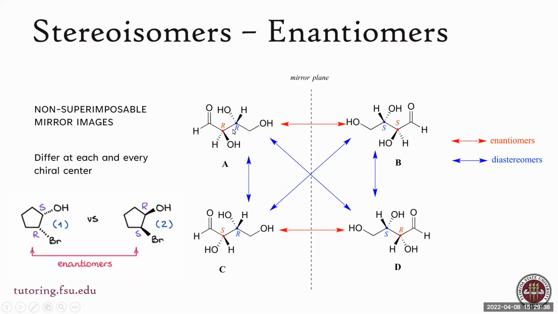If only one of them is switched, they are diastereomers. So here R switches to S, but R stays the same here. So not enantiomers, diastereomers. There's still one R, so diastereomers. Enantiomers are a very special case where everything has to be flipped.